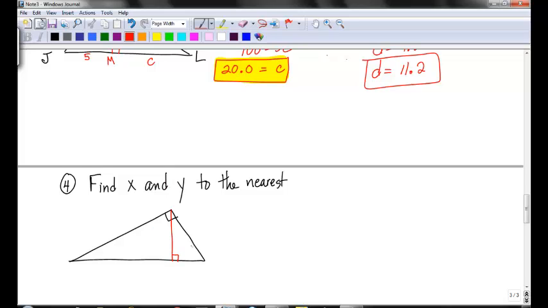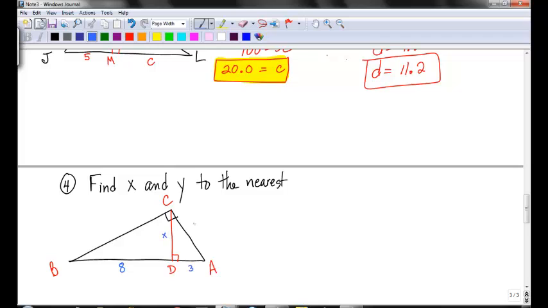Okay. Label this as A. This is B. The right angle is C. This is D. BD is 8. AD is 3.